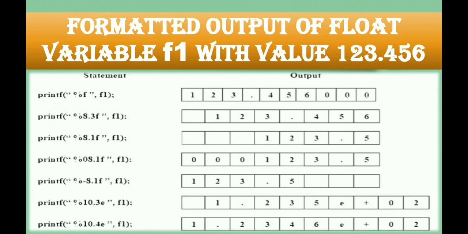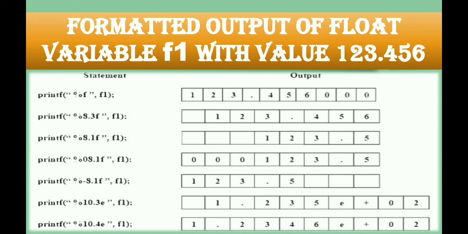Because 123.4 is there, but after 4 the value 5 is there. So in the mathematical concept, if after the decimal point some digit is 5 or greater than 5, then the digit before it will be increased by 1. That is why the output came as 123.5 instead of 4.